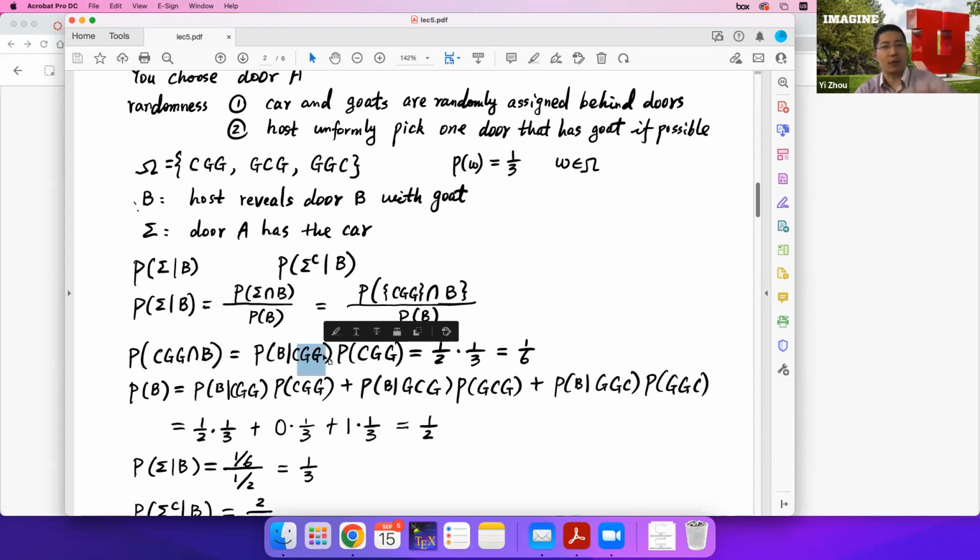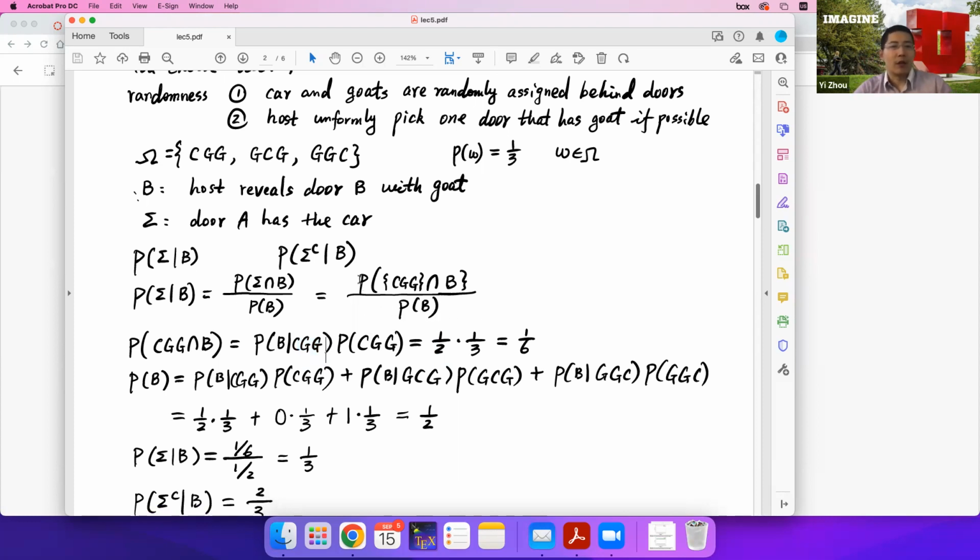So the host will randomly pick a door between B and C to reveal the ghost. So basically the host has probability 1/2 to choose door B and reveal door B with the ghost. Right? So that's why we have probability 1/2 here, because the host needs to make a decision between B and C.